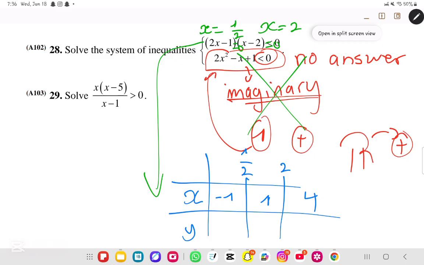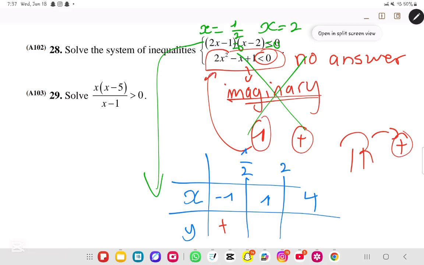So 2 times -1, put it in the brackets, okay, -1. You have to put everything in big brackets, so it's a bit complicated. So 2 times -1 times -1 minus 2. You will get 9, which is a positive answer.